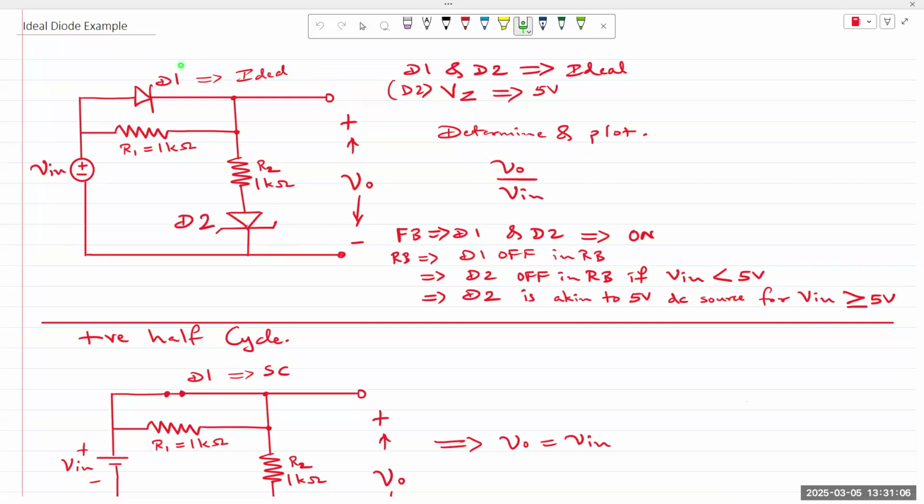So let's again do the same thing. Forward bias, what happens? In forward bias, if diodes D1 and D2 are forward biased, D1 is replaced with a short circuit. D2, what happens to D2 in forward bias? What happens to Zener diodes in forward bias?